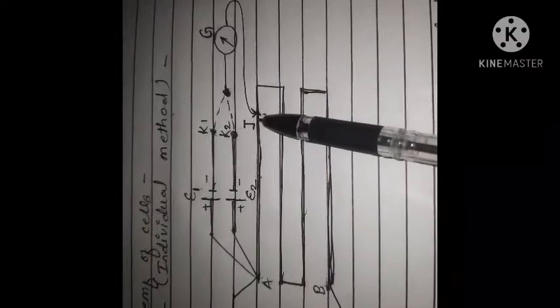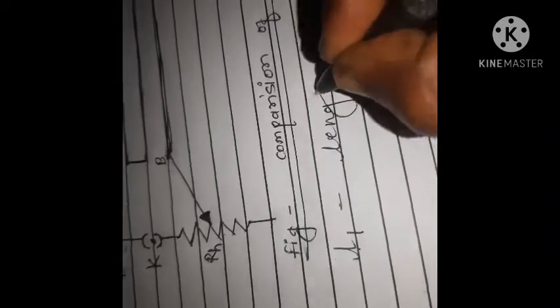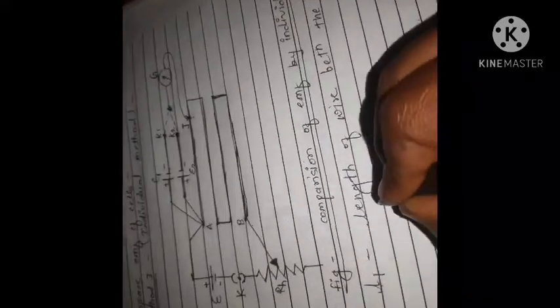Suppose in this case L1 is the length of wire between the null point and the point A. And now the EMF of cell E1.